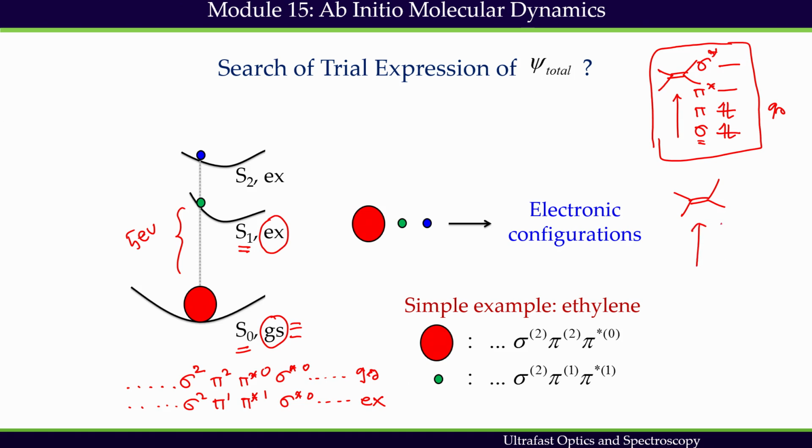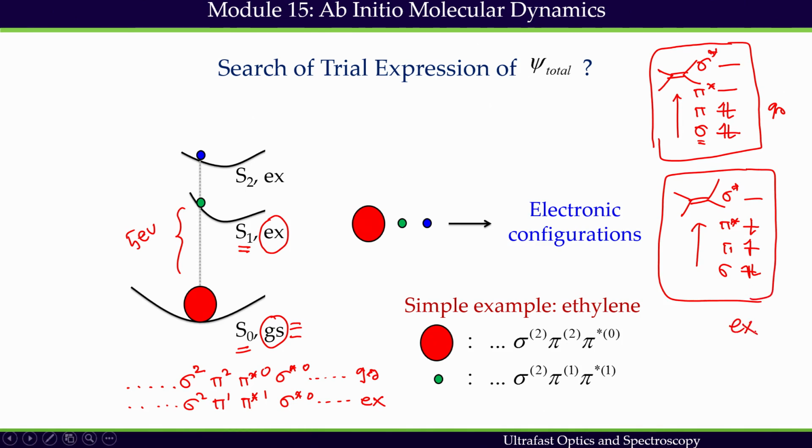We have pi star, sigma star, pi, and sigma. Sigma is doubly occupied, pi is now singly occupied, pi star is now singly occupied, and we call it S, because this is a singlet excited state.